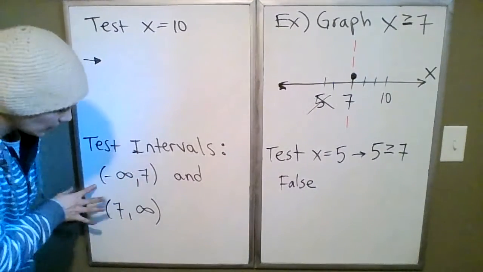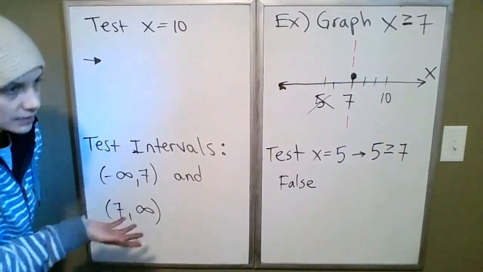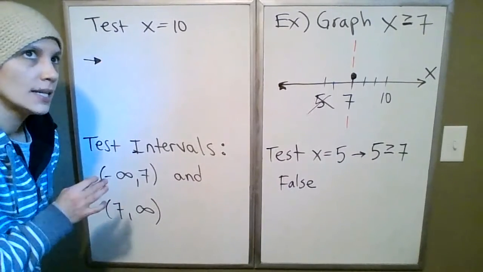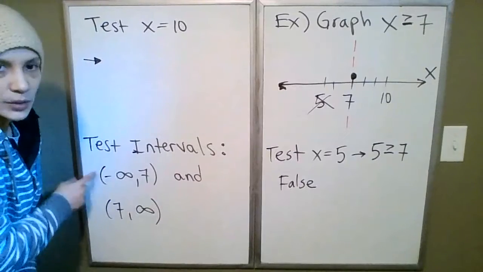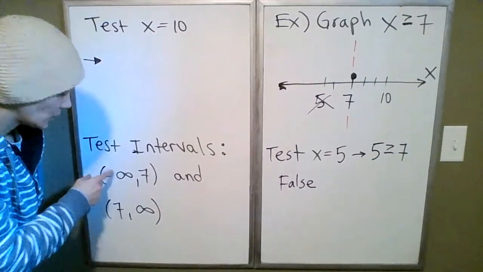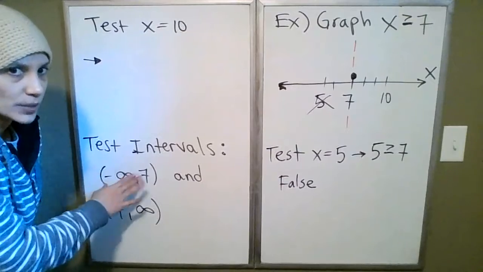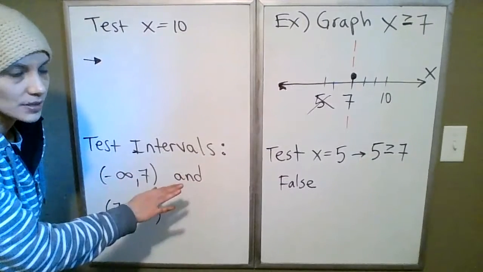Right now, I'm thinking there's only 2 intervals because your number is either less than 7 or greater than 7. And then the next part is why from each of these do you need only 1 test point? Well, you can actually do 2, 3, 4, 5, as many test points as you want. They're either all going to be true or all going to be false.